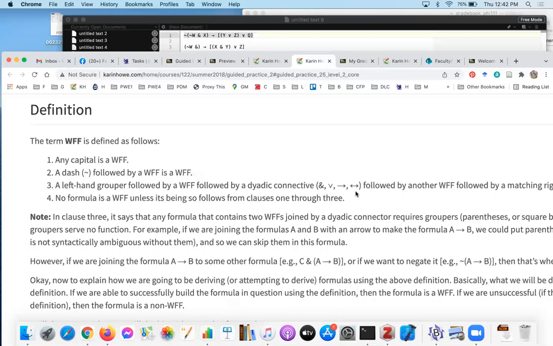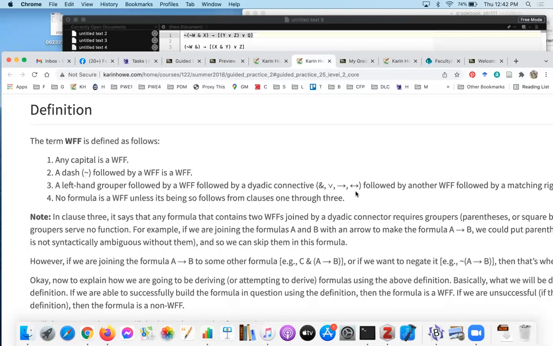So when you're doing this definition, you can put the parentheses on or not, but you have to remember that there will be points where you absolutely need to put them on. I'll explain when that happens as I go through a sample derivation.